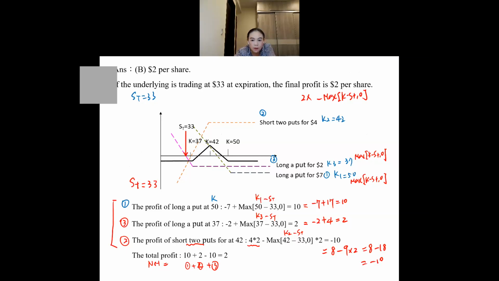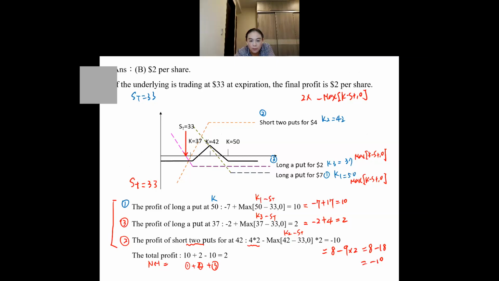And you will figure out the first one. It's K1 minus ST, so it is in the money. So you earn $17, and minus $7, you earn $10. The second one, profit of short 2 puts is maximum 42 minus 33, in the money as well, but we are shorting, so we lose money, times 2. And then $8 minus 18, so it's minus 10.